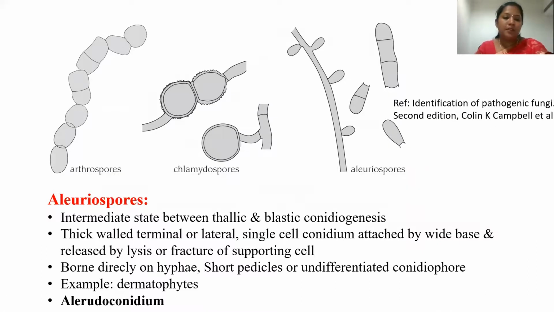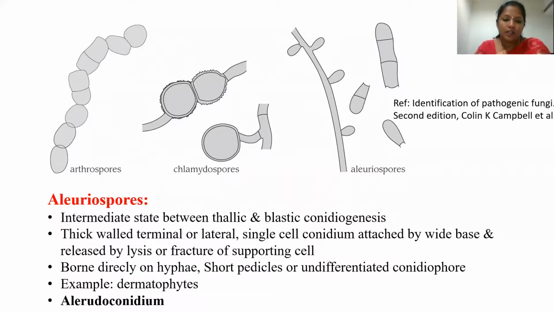By the thallic method, arthrospores and chlamydospores can be produced. There is one term called aleuriospores. Aleuriospores are the intermediate state between thallic and blastic conidiogenesis. They are thick-walled, terminal or lateral single-cell conidia attached by a wide base and released by lysis or fracture of the supporting cell.